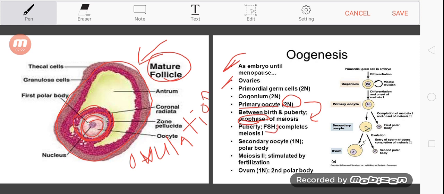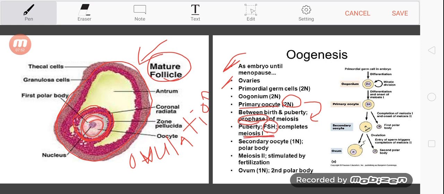During puberty, we have high FSH secretion. This follicle stimulating hormone will initiate follicle development. Eventually, the primary oocyte will continue meiotic division 1, from prophase 1 into metaphase 1, anaphase 1, and telophase 1, finishing meiosis 1.